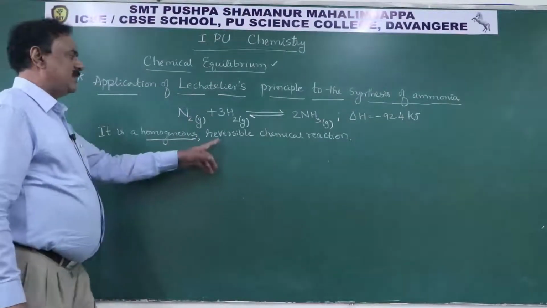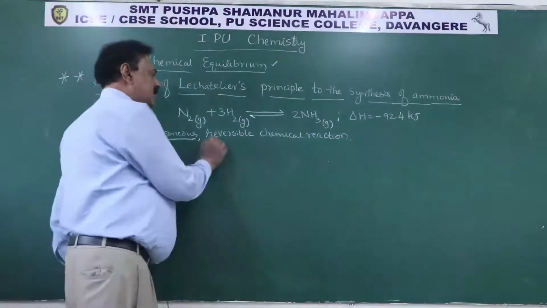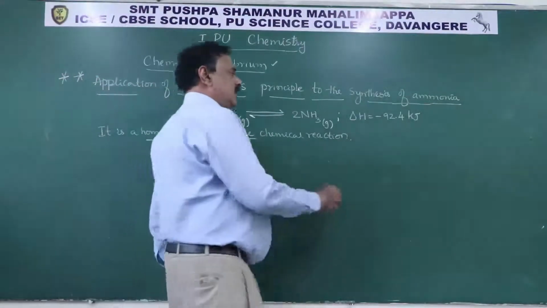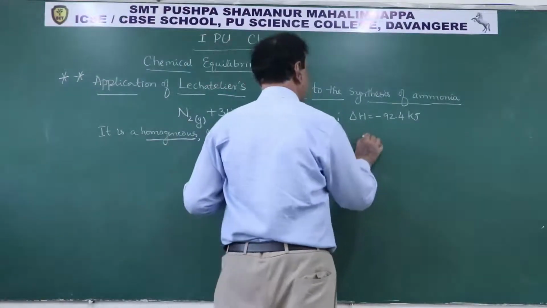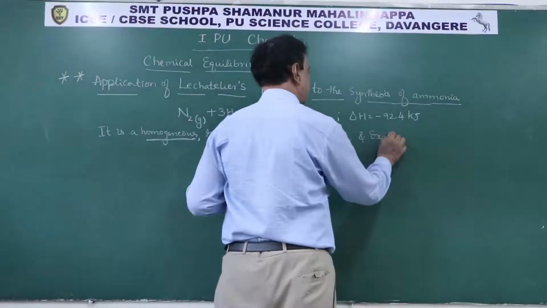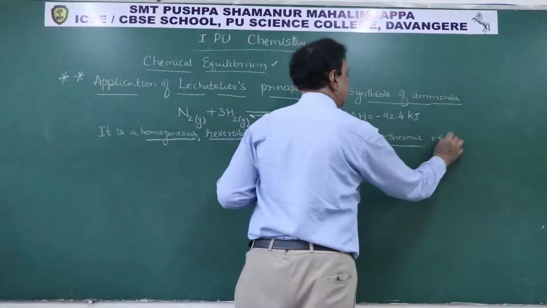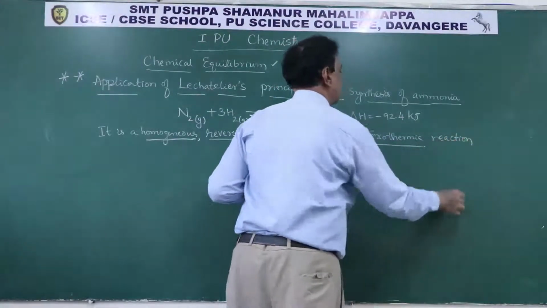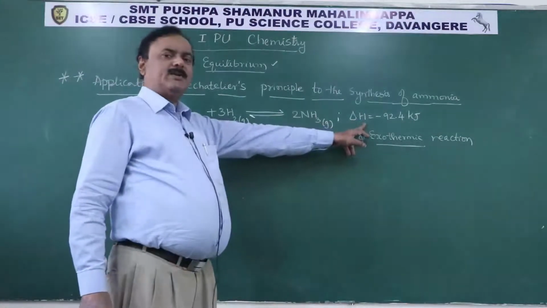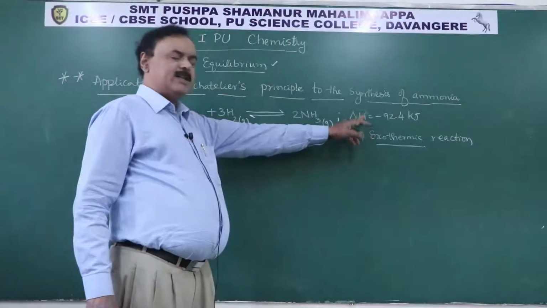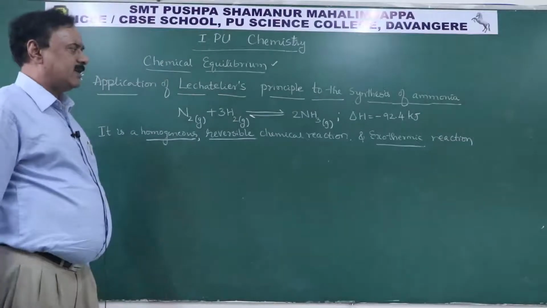What is reversible? Here the arrow mark is at either end, and hence the reaction is a reversible reaction. It is a homogeneous reversible chemical reaction and an exothermic reaction. Exothermic reaction means a chemical reaction associated with the liberation of heat energy. Delta H of the process would be negative, then the reaction is considered exothermic.